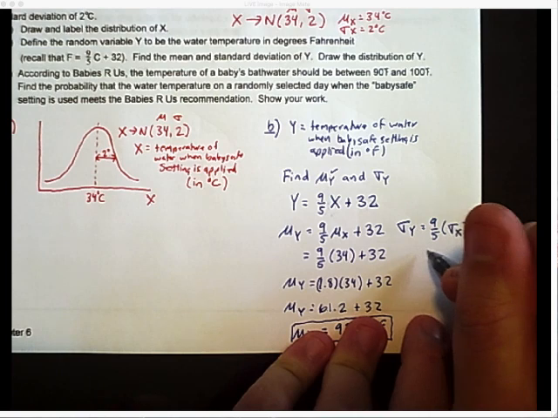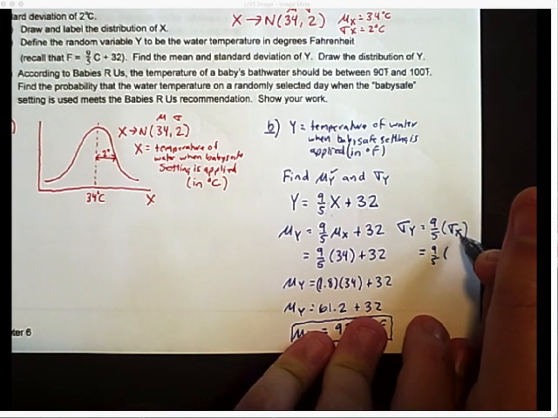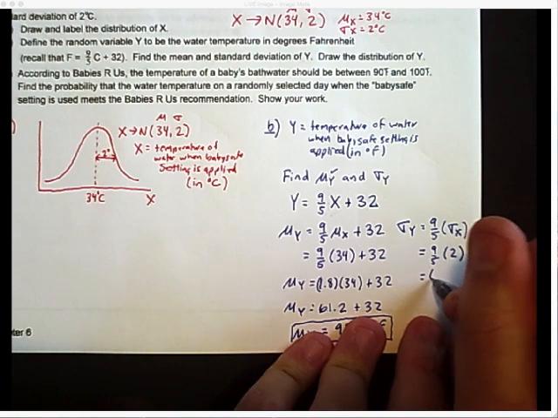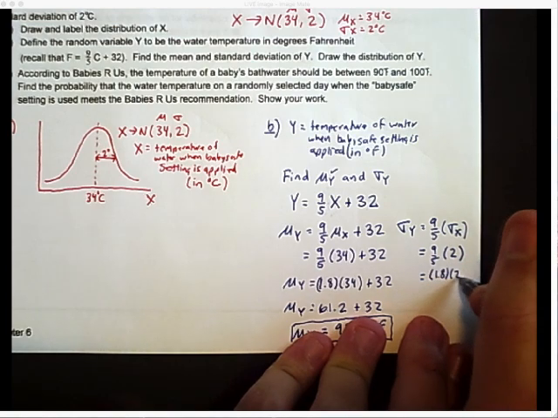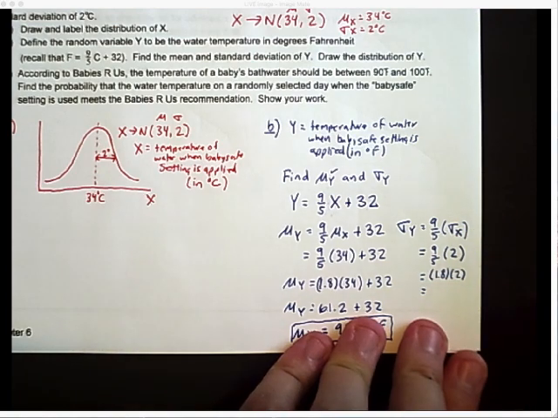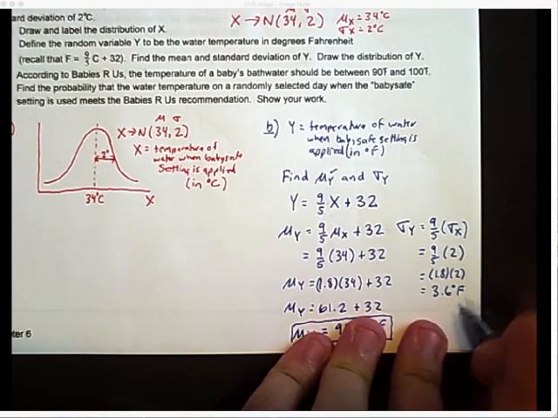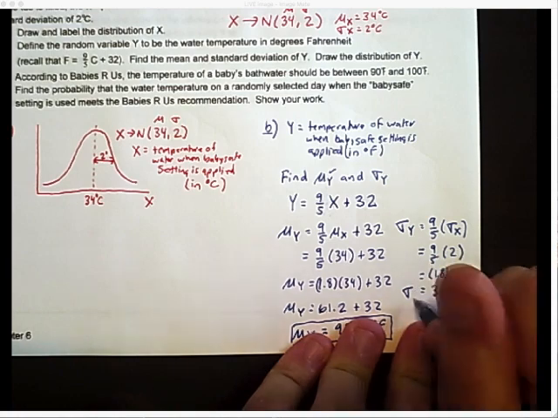So here I would do 9/5 times sigma sub x. Well, that was 2 degrees Celsius. So this is 1.8 times 2, and 1.8 times 2 is 3.6. And this would also be measured in degrees Fahrenheit.